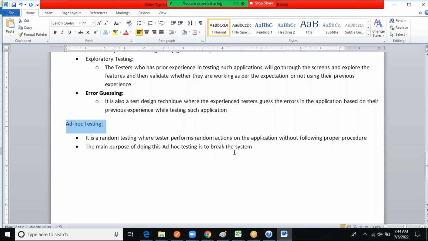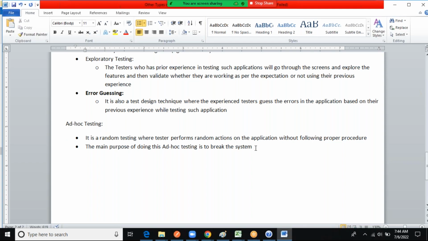Test cases will have steps, which are performed one after another to validate a specific scenario. What are the actions you need to perform will be mentioned in the test case. But I am not doing any specific scenario here, following steps or actions one after another. So I'm going to do randomly whatever I get in my mind at that point in time. That's ad hoc testing.